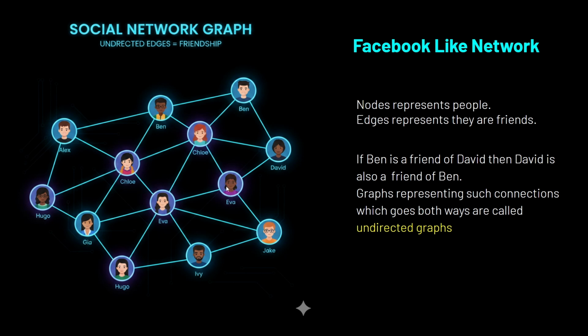Sorry, the name of both of these is Eva. So this Eva is not a friend of Hugo, but she is a friend of another girl who has the same name as Eva, and she is a friend of Hugo.